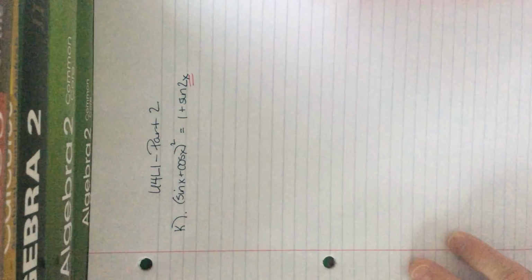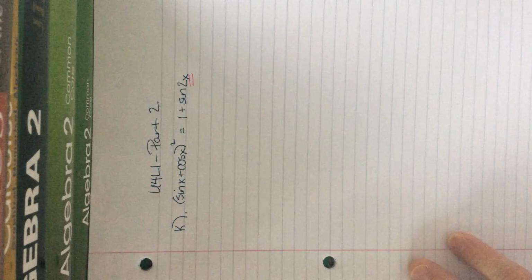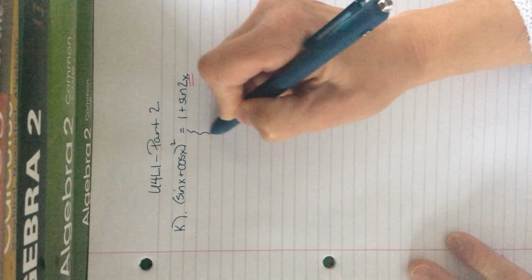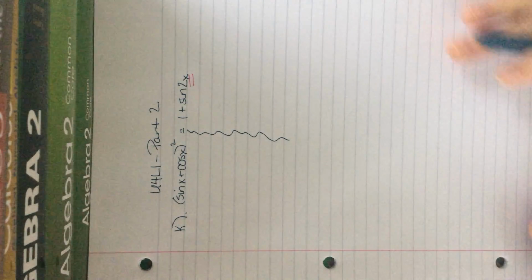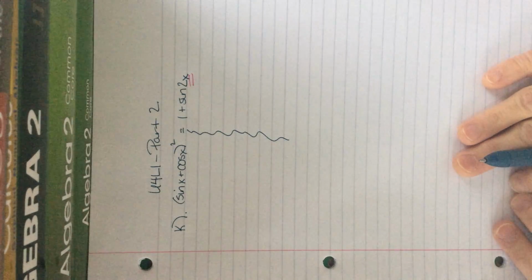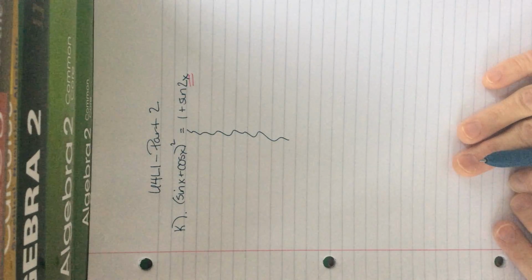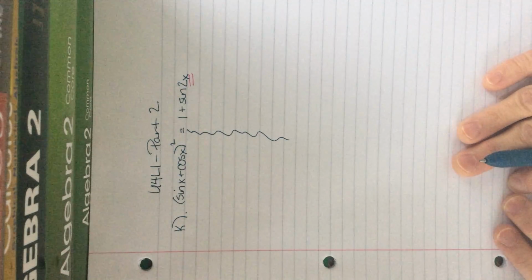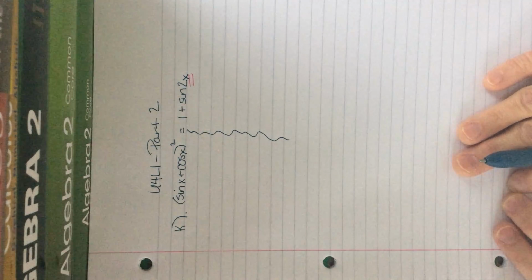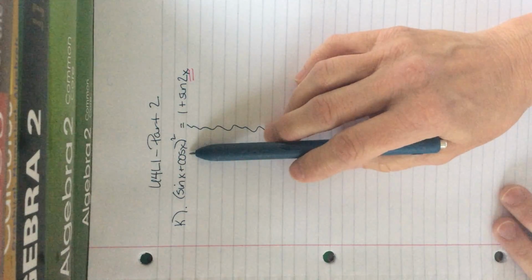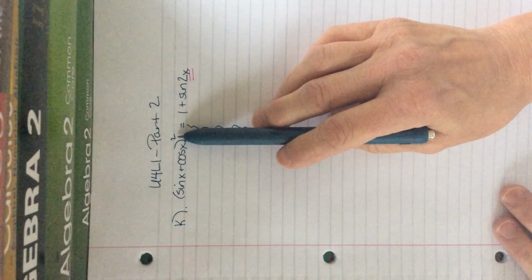So as before, you can only work with one side of your identity or equation when proving or showing that this identity is true. And so, as always, pick a side to work with. Pick a side and stay with it. On the left, I notice that I have sine of x plus cosine of x that is squared.